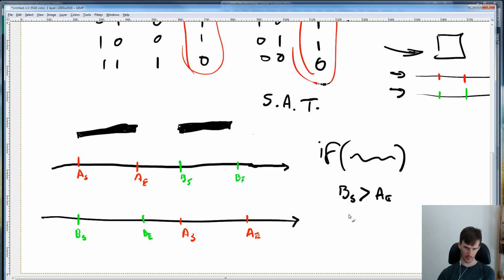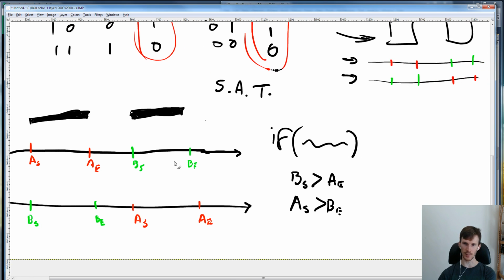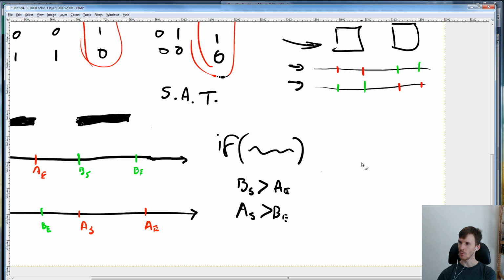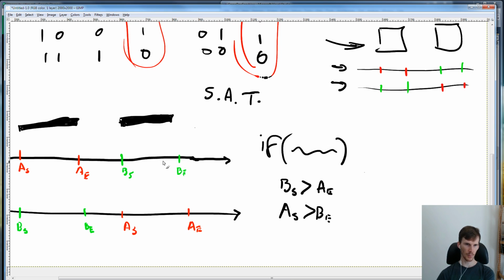Yeah, A start has to be greater than B end. Greater than B end. Okay, that is correct. I have it written the other way around in my notes. I've got A end is less than B start, but I don't think that matters. But what does matter? So let's jump ahead and talk a little bit about 0.